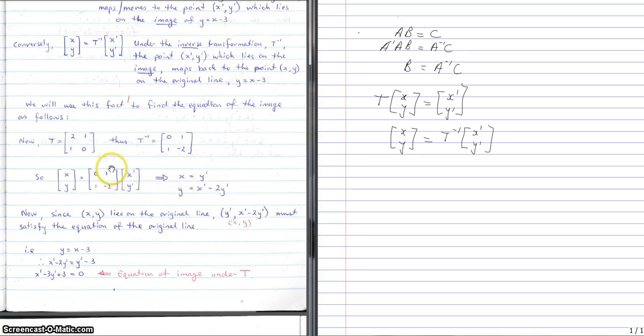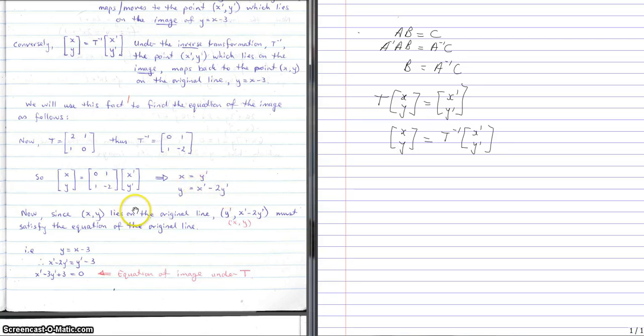So from this we can write out these two equations for x and y. In other words, x can be found by going 0 times x' plus 1 times y', which simplifies to just x equals y'. The original y coordinate can be found by going 1 times x' plus negative 2 times y', and thus we have y equals x' minus 2y'.